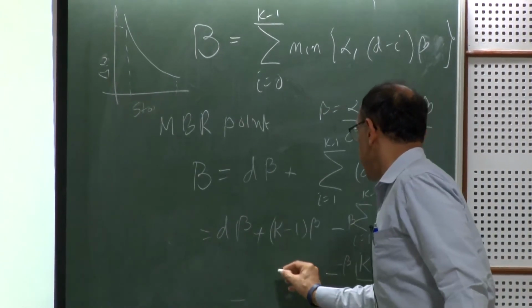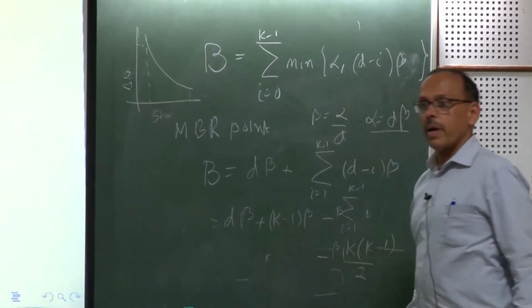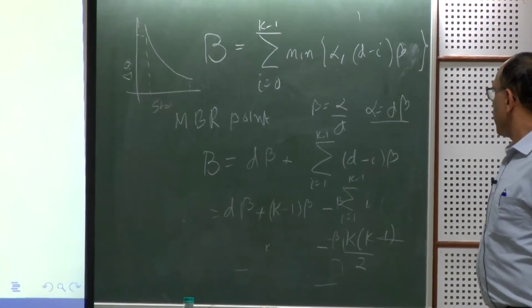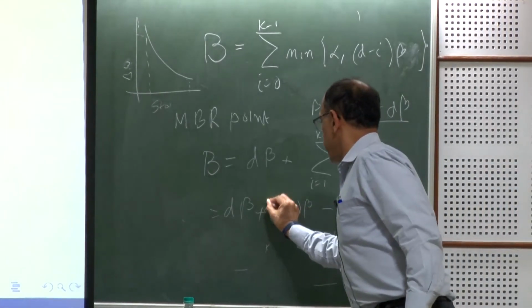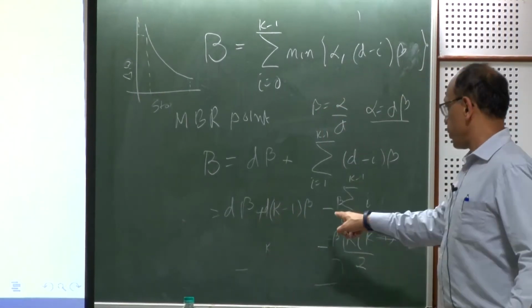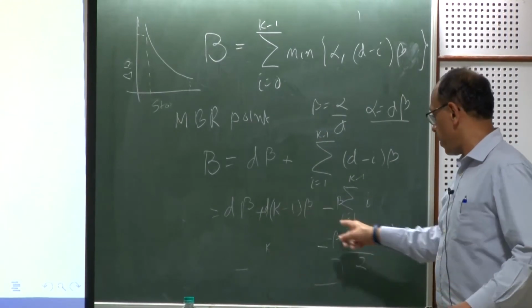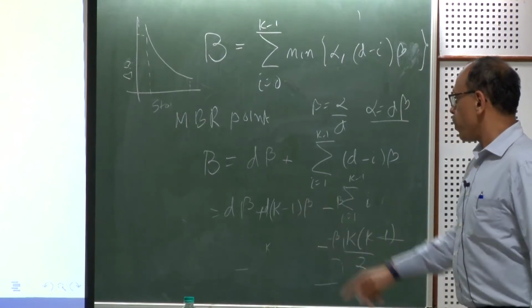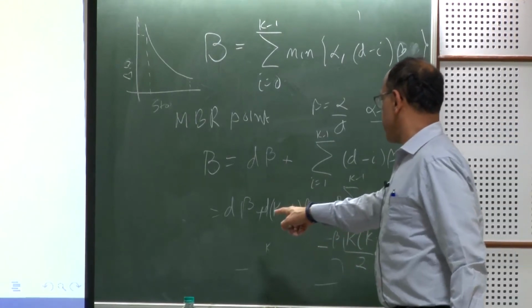So that is minus, and the second term is k minus 1 times d beta. So there will be a d beta here as well. So that's why if you mix one of them, you will not get the correct answer. Beta into this. Now you appropriately take out, so there is a d beta.